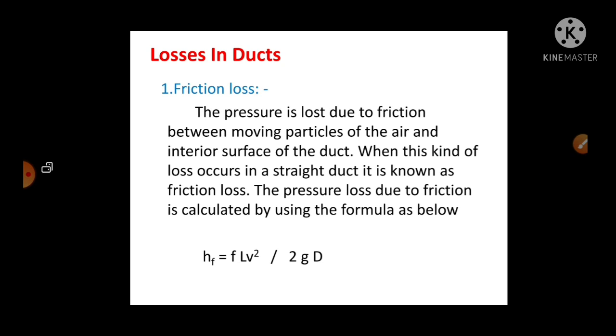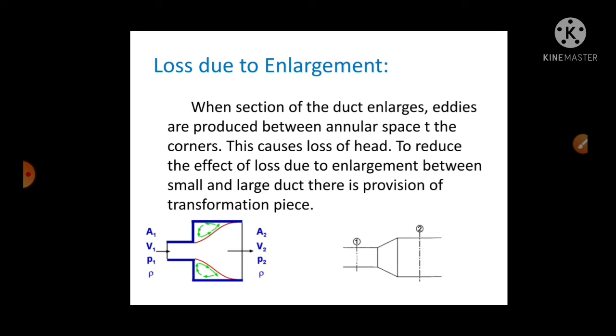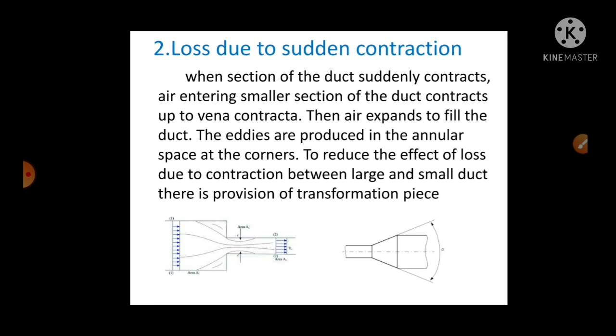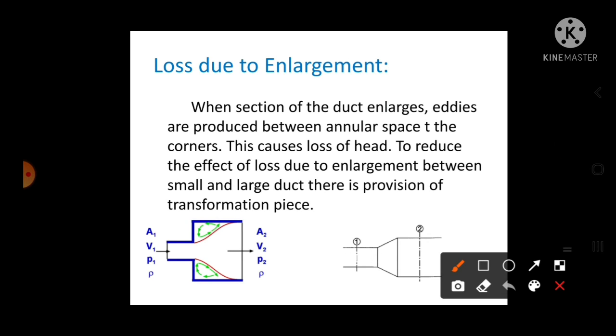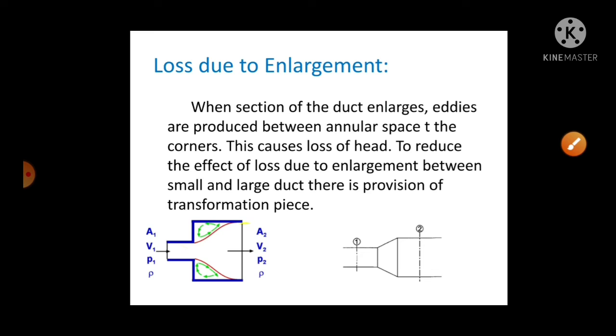Then we will see the loss due to enlargement. When the section of the duct changes, eddies are formed. When the diameter of the duct suddenly increases, the flow will take place in this way, and cavities are formed at the corners.